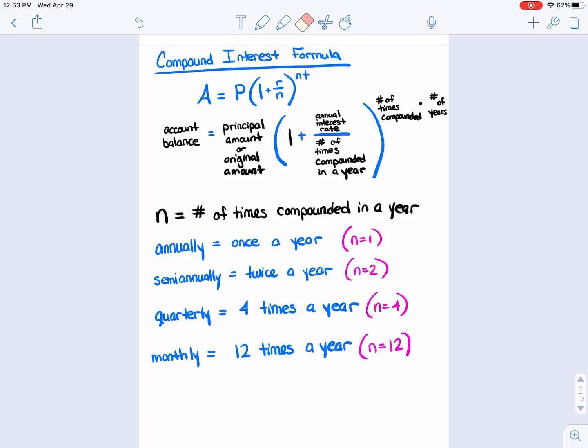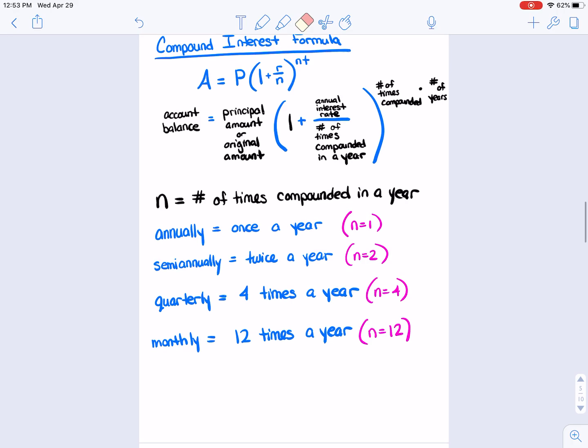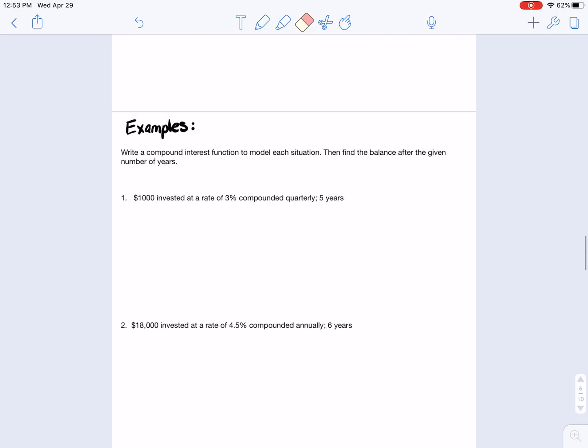The bank makes you pay to basically rent their money. The same formula would be used depending on how they charge you interest, and unfortunately, in that circumstance, they really get you with the monthly interest.